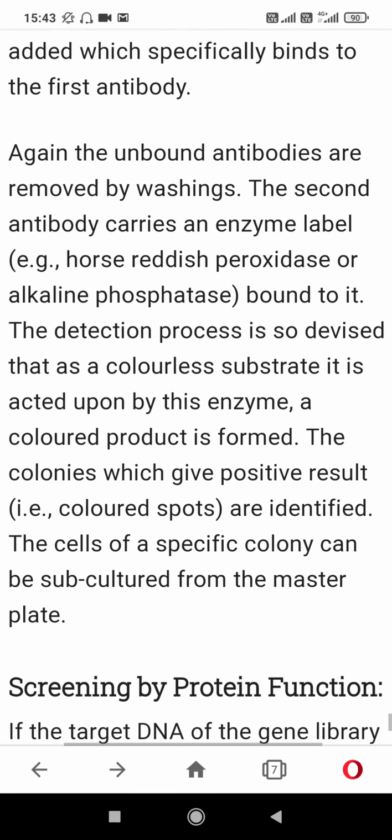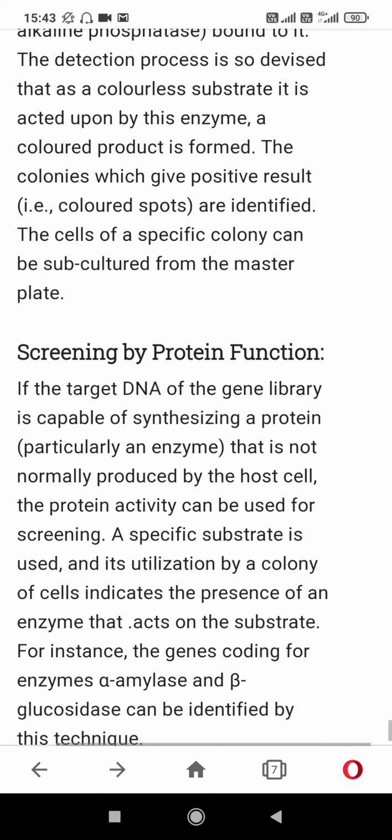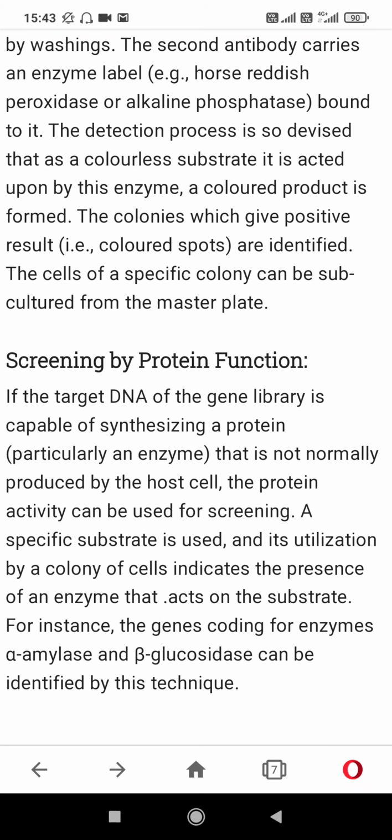Then screening by protein function, on the basis of protein function we can also go for screening. If the target DNA of the gene library is capable of synthesizing protein, that means we have constructed such a gene library. For further expression we have included them in a vector which expresses that protein in a suitable host that does not normally produce it.